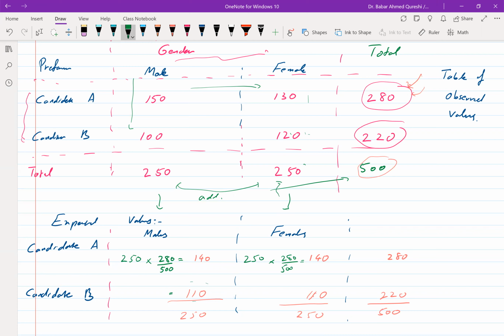How did I get this number systematically? I have the probability of preferring candidate B as 220 out of 500, because the total data set is 500 and 220 prefer candidate B. So if I multiply this probability by the total elements in this category of male, that should be my expected outcome, which is 110 in this case.